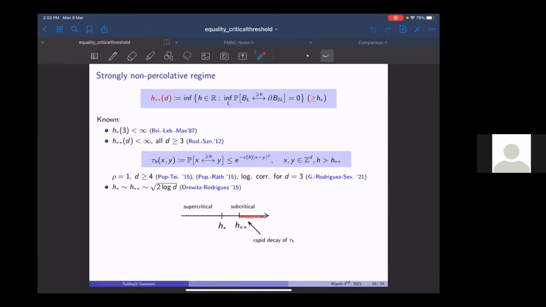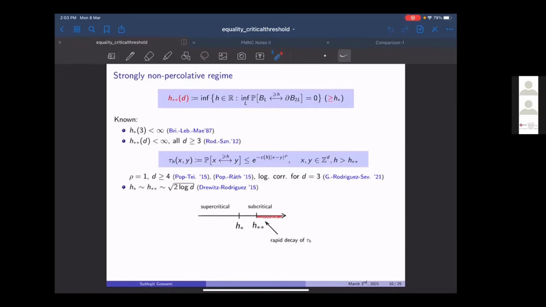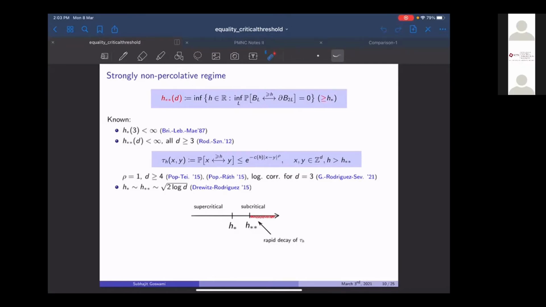So you will have smaller probabilities of these increasing events as h becomes higher. This is the critical threshold above which the crossing probabilities decay to 0 along a certain subsequence, and this is definitely above the critical point, because above the critical point it's definitely true.